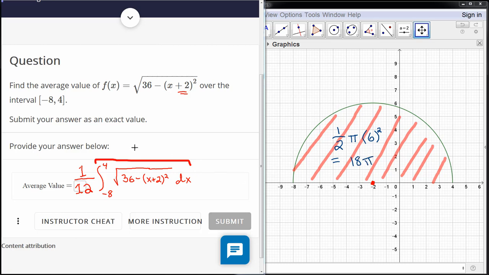So this definite integral is 18 times pi. That means that my final answer here is going to be 18 pi over 12. And you can go ahead and simplify that yourself if you are so inclined. And that is our average value.